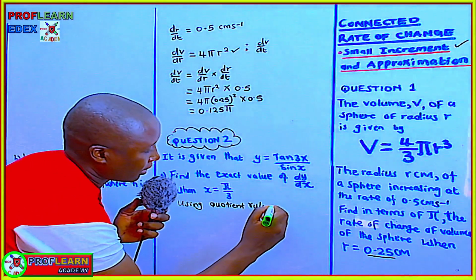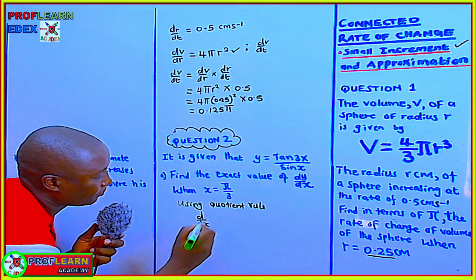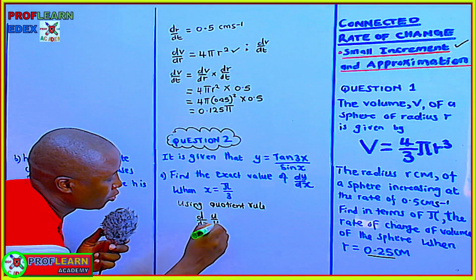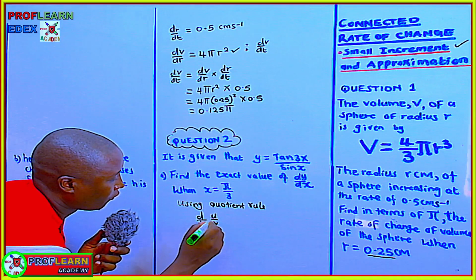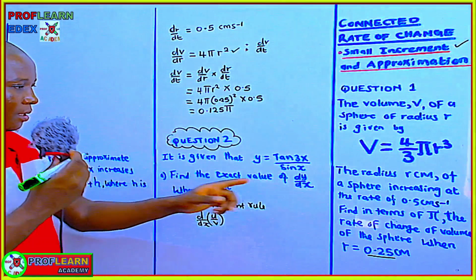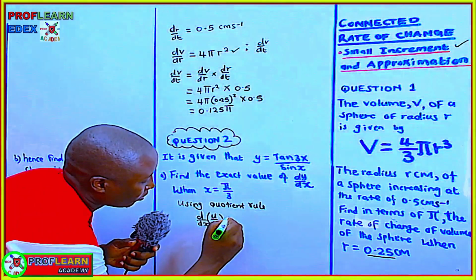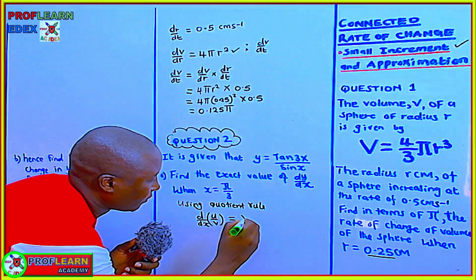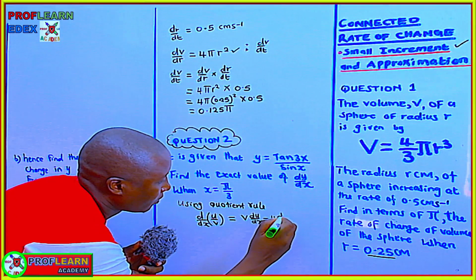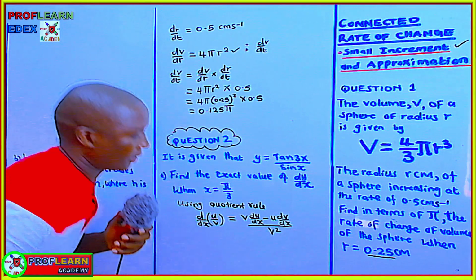The quotient rule states that if we have two functions divided, suppose we have u over v, to get the gradient function, to differentiate this, we're going to say this is v du dx minus u dv dx, divided by v squared.